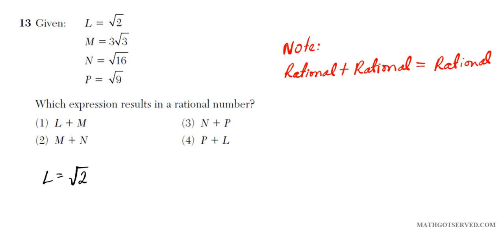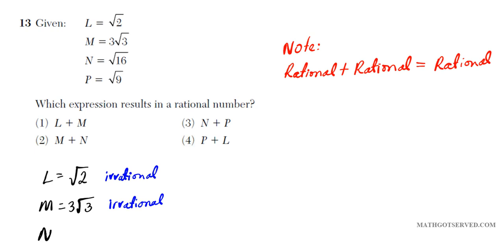The answer is no. So root 2 is irrational since it has that radical in a simplified form. How about M? M is 3 root 3. Is this rational or irrational? Root 3 cannot be simplified any further, so this is irrational. Okay, so any options that have L or M in them cannot be an answer.